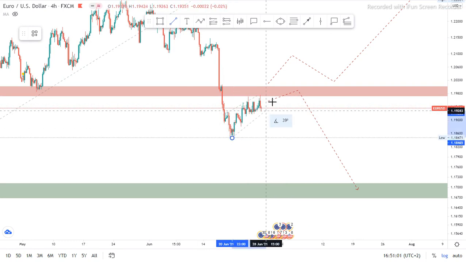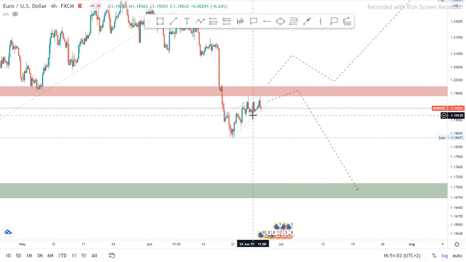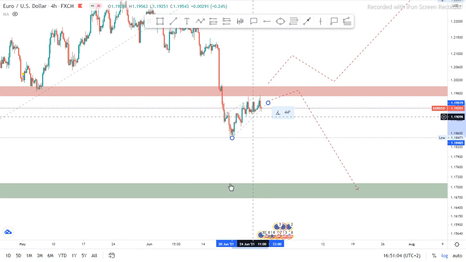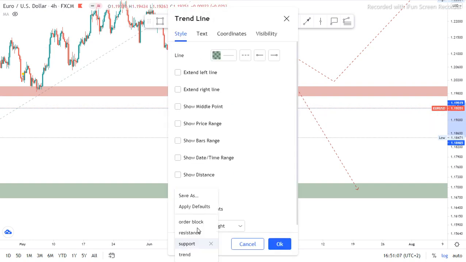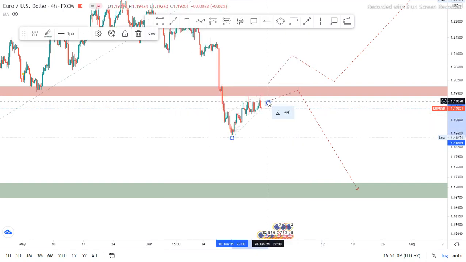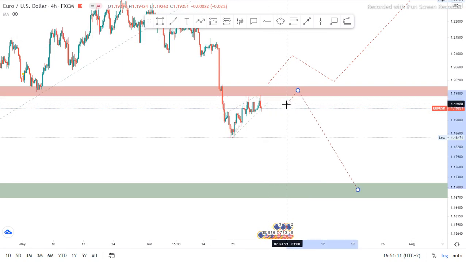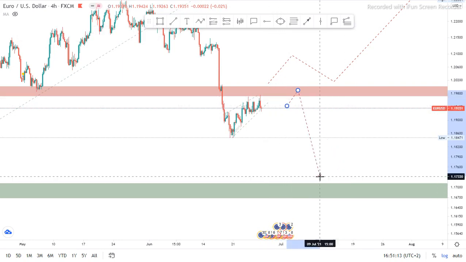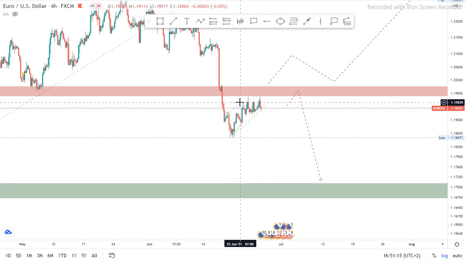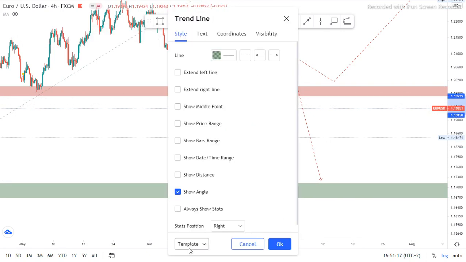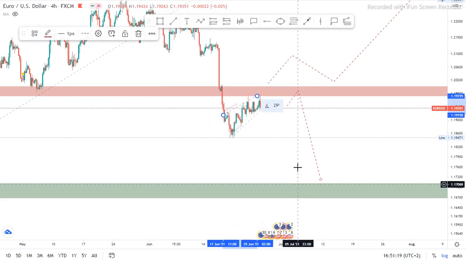Let me just mark this out, where this would be our support. Let me just remove this. And then this would be the upper resistance line.